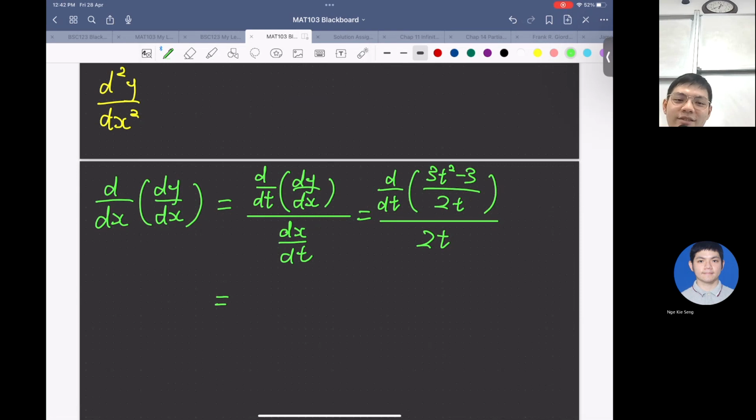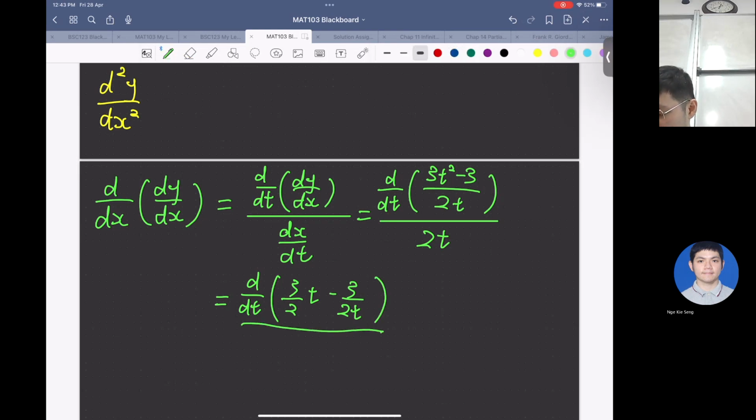Okay, so how to differentiate this? I don't want to use the quotient rule, okay? So let me split them term by term, so that I just use the linear property. So I get 3t over 2 minus 3 over 2t.